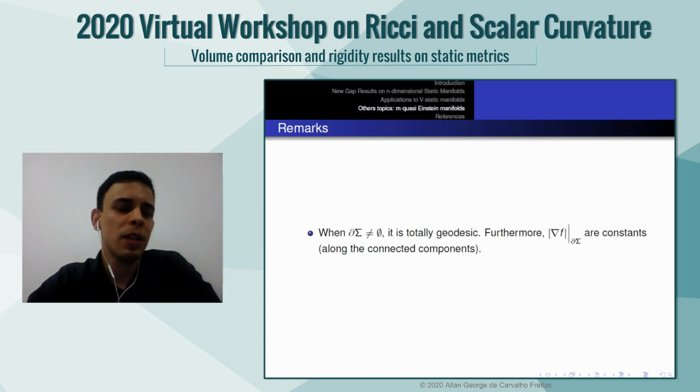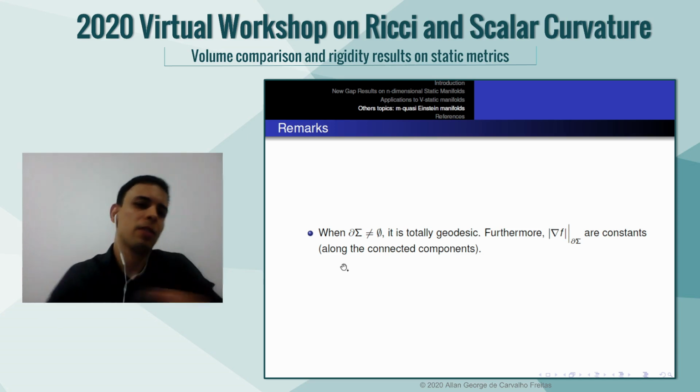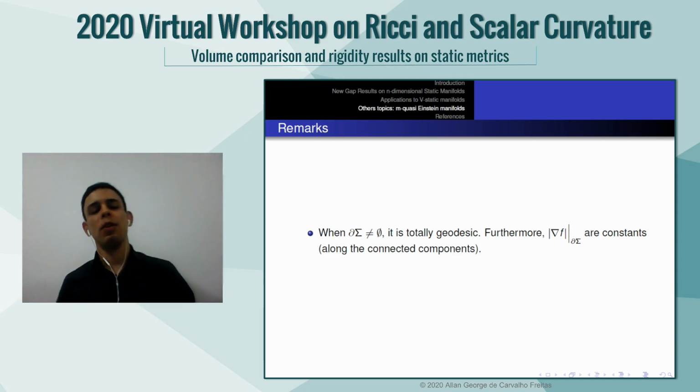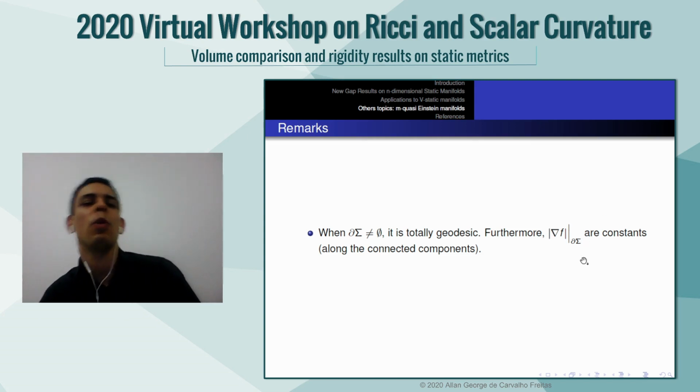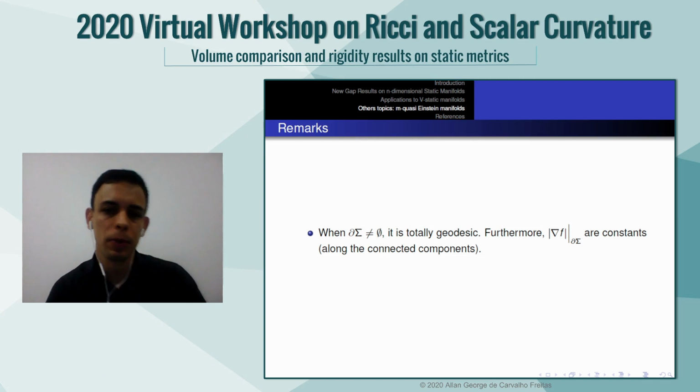Some observations here: when the boundary is not empty, it is totally geodesic, and again, these functions are constant along the connected components of the boundary, okay?